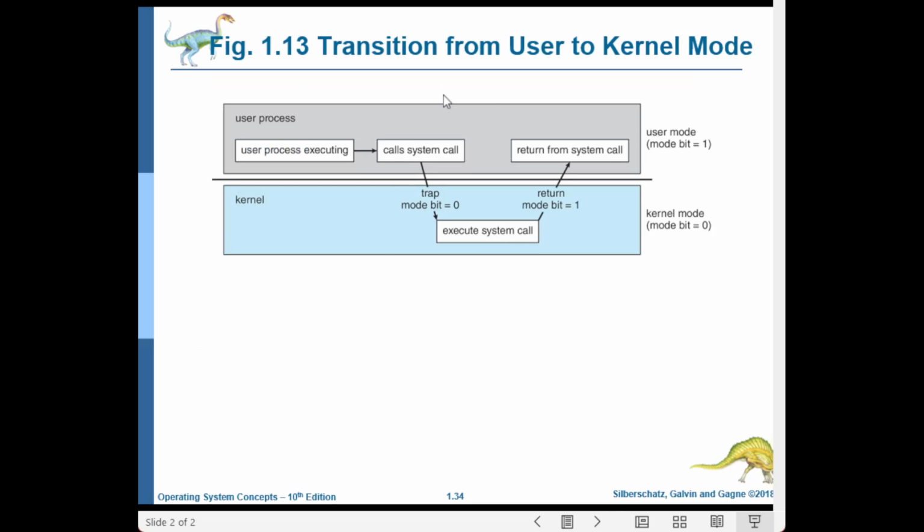Okay, we look at this figure. When we start our computer, remember that the first program to be loaded is the bootstrap program. So during that time, it is in kernel mode, since the computer system is running kernel code.